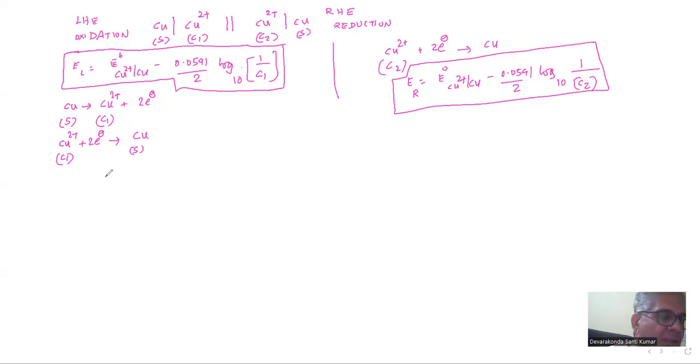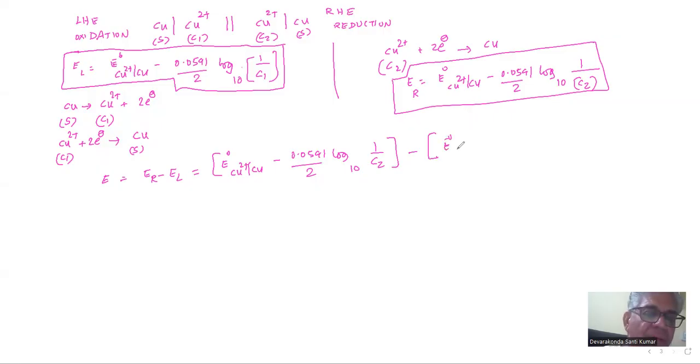Now, therefore, the EMF of the cell is equal to ER minus EL. First let us write down the ER. ER is this: E0 of Cu2+ bar Cu minus 0.0591 by 2 log 1 by C2 to base 10, and then minus of E0 of Cu2+ bar Cu minus 0.0591 by 2 log 1 by C1 to base 10.